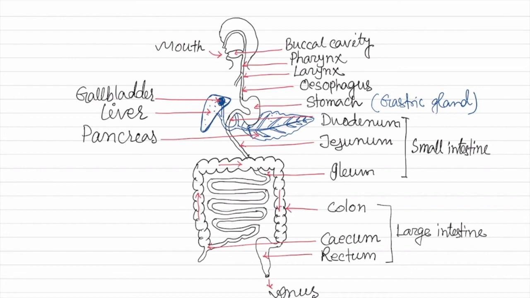Another one produces pepsinogen that helps in the primary breakdown of protein. Protein is primarily broken down with the help of the enzyme inactive pepsinogen. In the presence of hydrochloric acid, inactive pepsinogen is converted into the active pepsin enzyme.